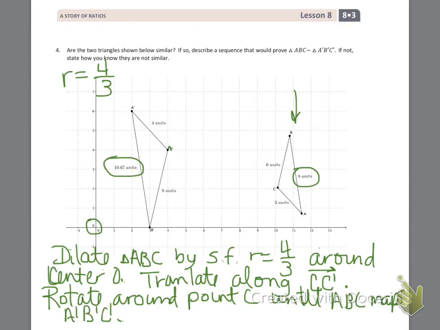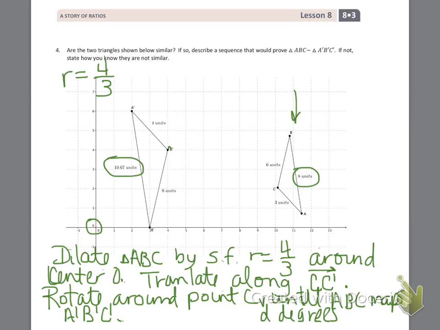And you might notice that that's a 180-degree rotation, but let's just put d degrees. That would be fine. Okay, so that is the last exercise for you to do.